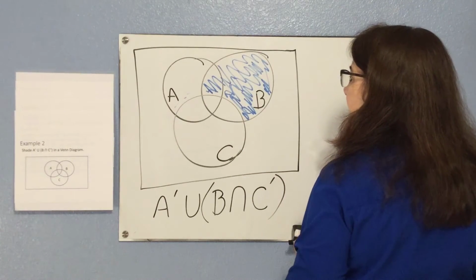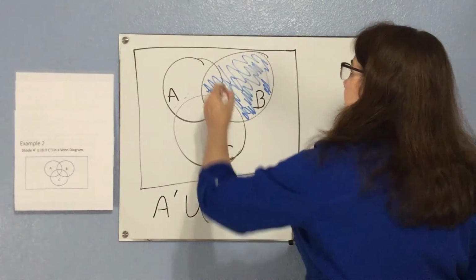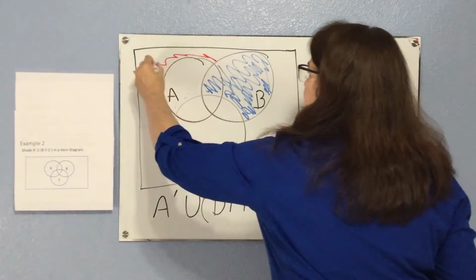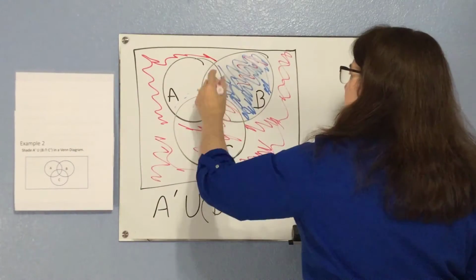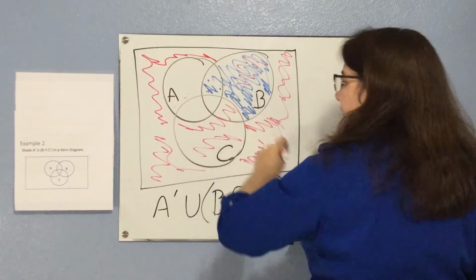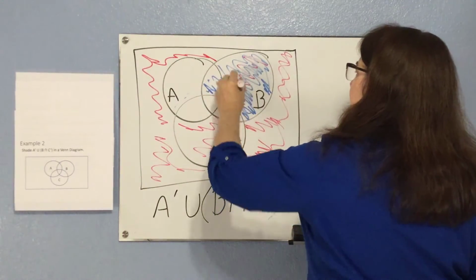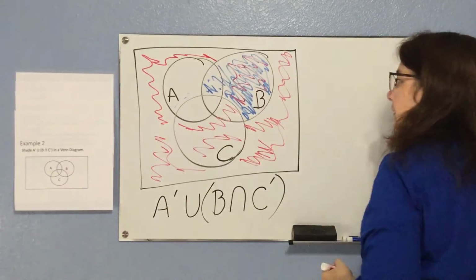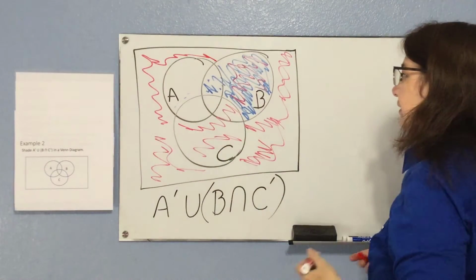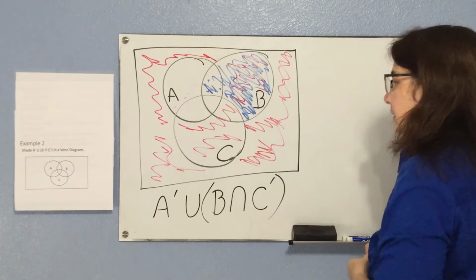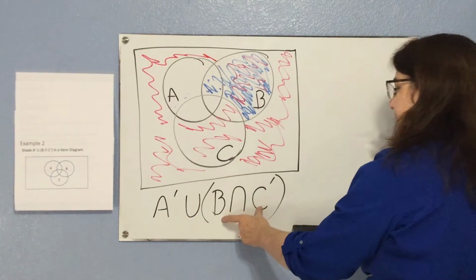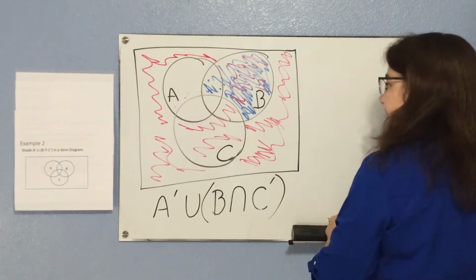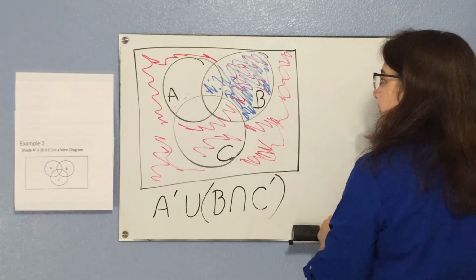Well, A complement is anything outside of A. So that's a very large region. Well, that's not A complement, but this is. So now everything that is in A complement or in this B intersect C complement is part of my answer.